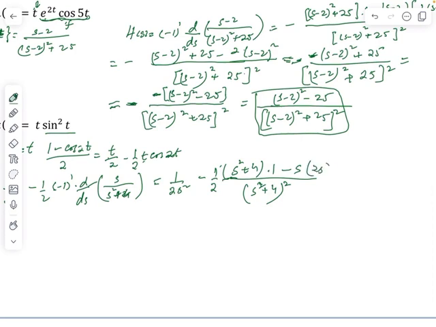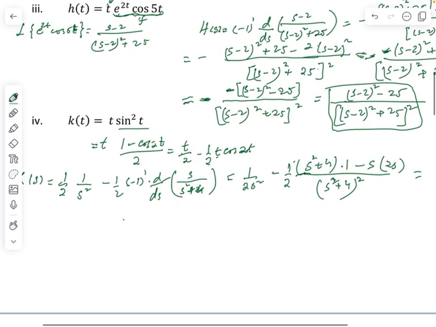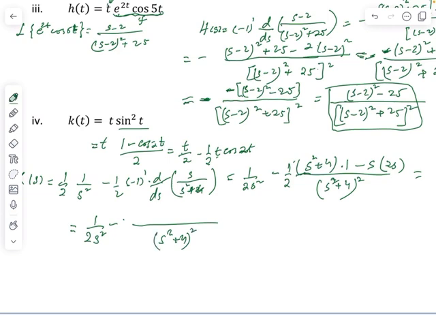So combining the terms, let's go on the next line. So I have first term is 1 over 2s squared minus, at the bottom (s squared plus 4) whole squared. In the top I get s squared plus 4 minus 2s squared. So I'm getting 4 minus s squared.